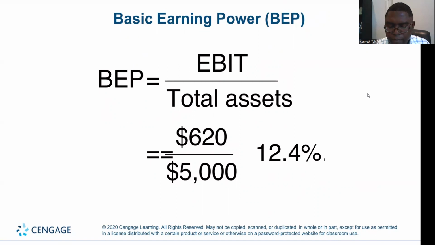Again, we go to the financial statements. In the income statement, we are going to get earnings before interest and taxes, which we had said is 620. We go to the balance sheet, we can find the total assets, which is 5,000. So if we take 620 divided by 5,000, that gives us a basic earning power of 12.4%.